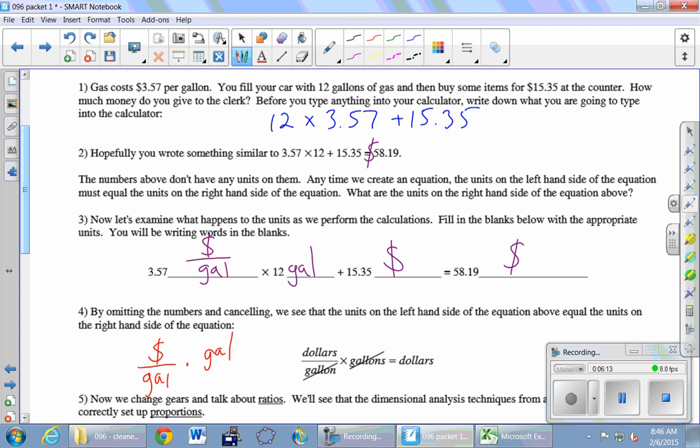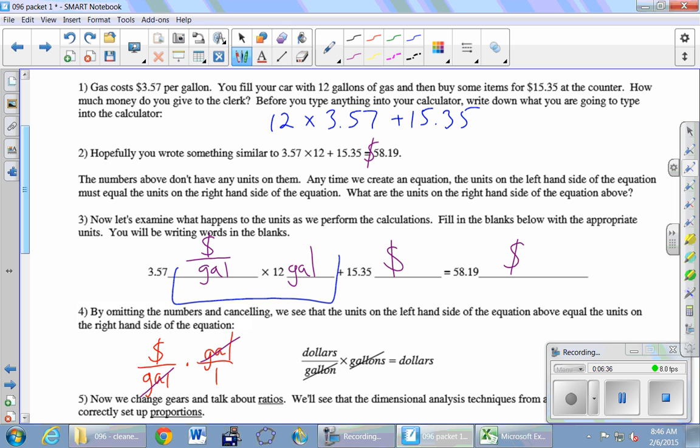Because the gallons on the second part, I'll put it over 1 so it really looks like a fraction. And we know that when we're multiplying fractions, you can cancel anything on top with the same thing on the bottom. And so the gallons just completely cancel. And so the units for this entire thing right here turn out to be just dollars because those gallons cancel.